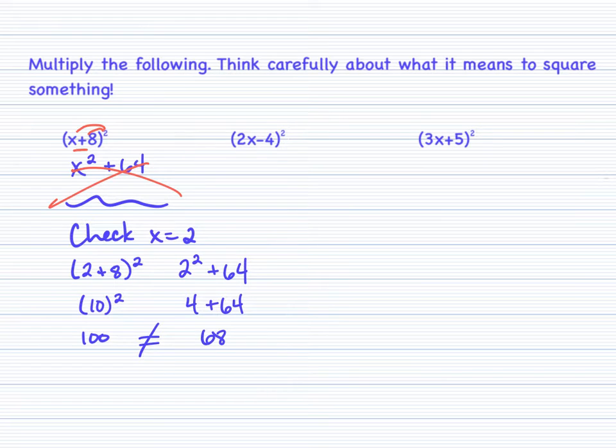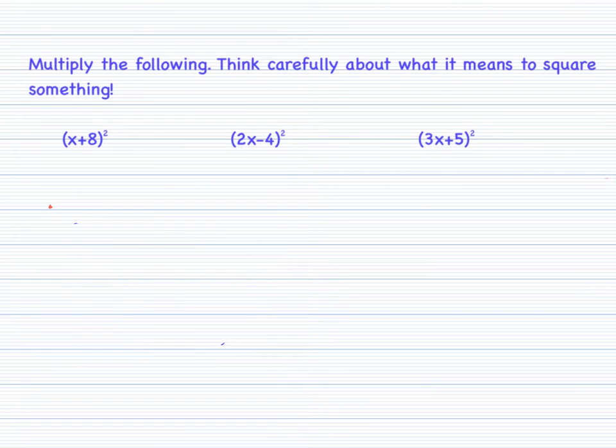So I'm going to erase a whole bunch of stuff here. All right. So what it means to square something is that you are multiplying it by itself, which means we are taking x plus 8 and we are multiplying it by x plus 8.